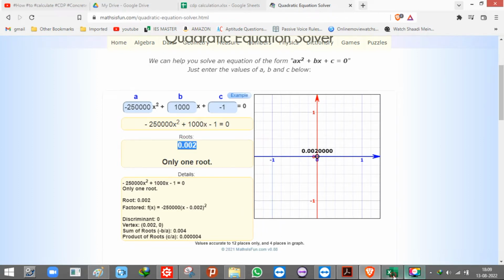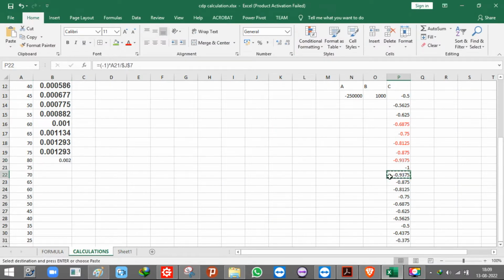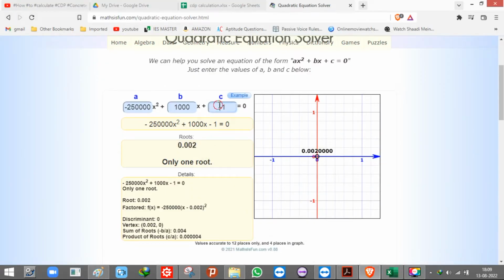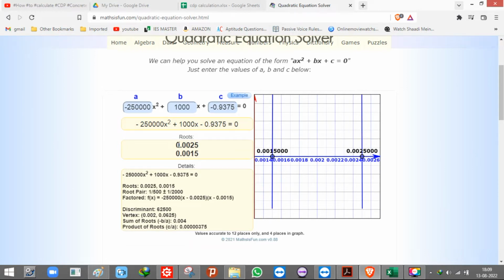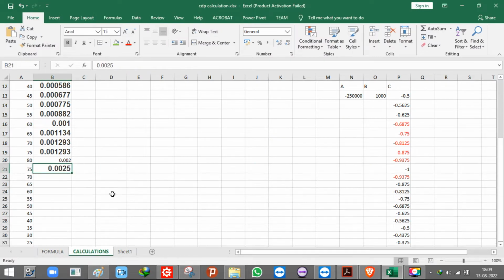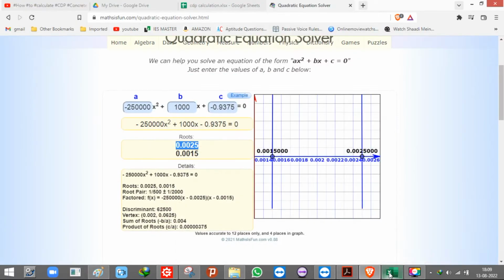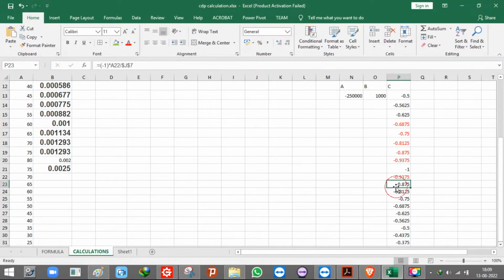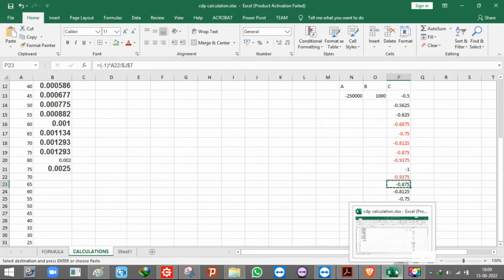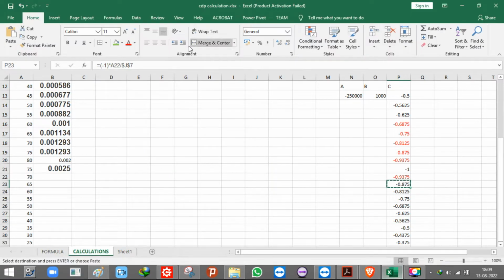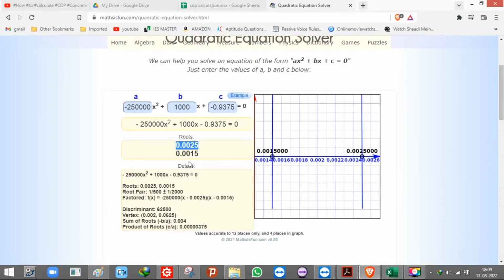Now for values greater than this, we'll be taking the strains which are greater than 0.002. Next is for this. I've forgotten to mark it red, because if I mark it, it becomes easier.